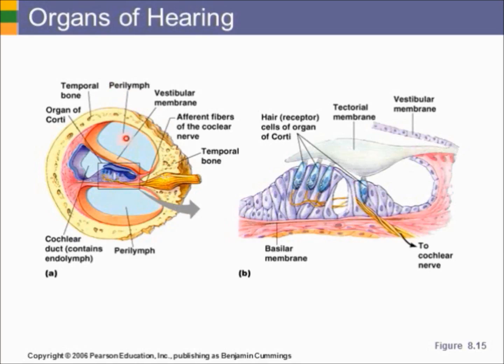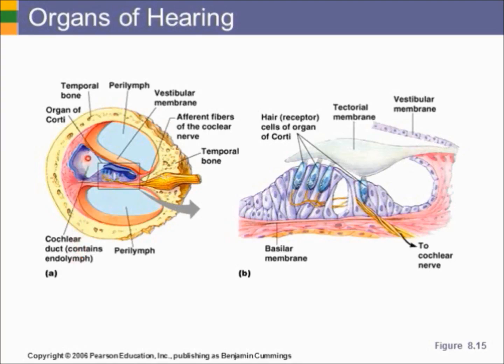It causes this fluid to move at the same frequency as all the bones are vibrating. As those waves pass by, they press down on this membrane, this vestibular membrane. They push down on that, and that creates a movement in this section, the cochlear duct. And the fluid is a little different.